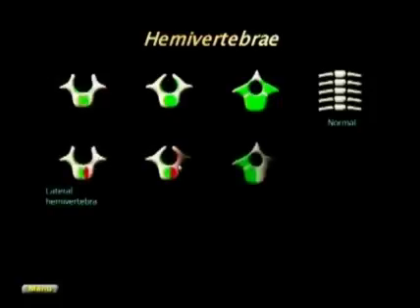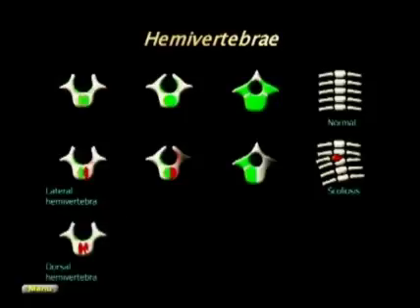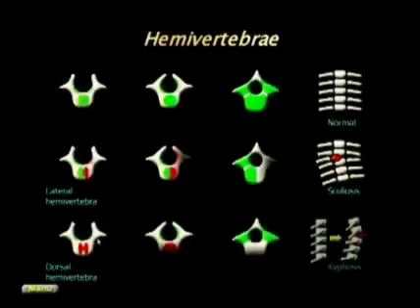Now, if a part of the vertebra is not formed, for instance, one side here is not formed, this is going to result in a scoliosis. Or if the frontal, the dorsal, or the ventral aspect of the vertebra doesn't form, then we'll either get kyphosis or lordosis of the spine, and this is going to present an angle in the spine.